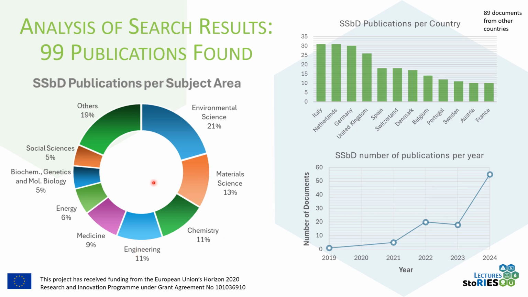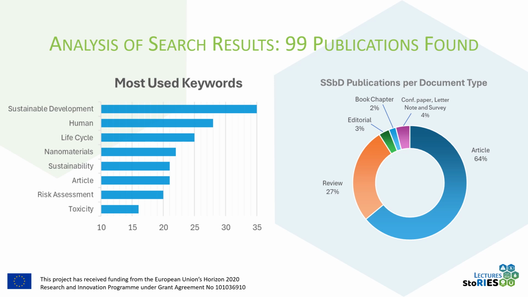But what is important for our purposes is that 6% of these 99 publications are also somehow connected with energy. To conclude the analysis of these search results, it's possible to notice that the majority of these publications are research articles, but there's also a relevant part represented by review studies, while the share of editorials, book chapters, and conference papers is quite small.